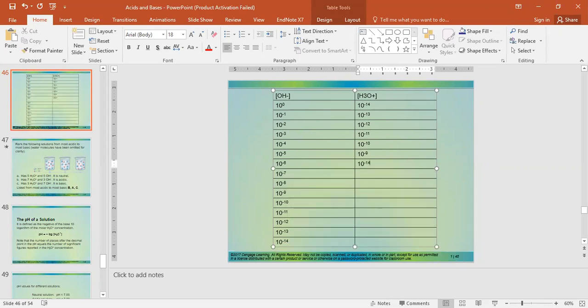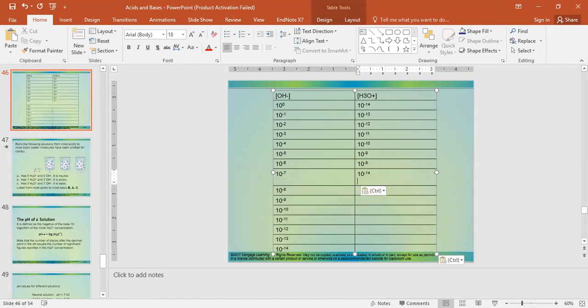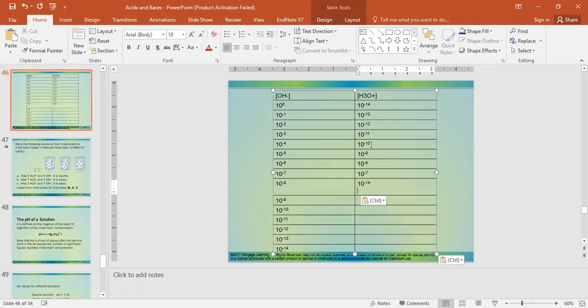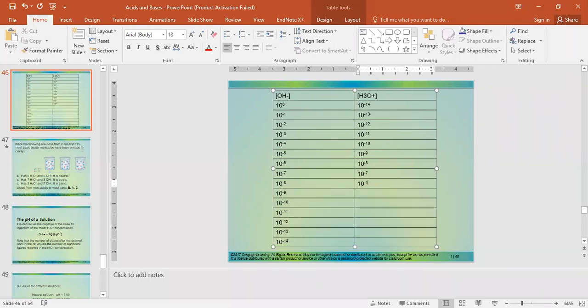This one is 2 power negative 8. This one is 2 power negative 7. You can see now they are neutral. This one is supposed to be 2 power negative 6. This one is 2 power negative 5.